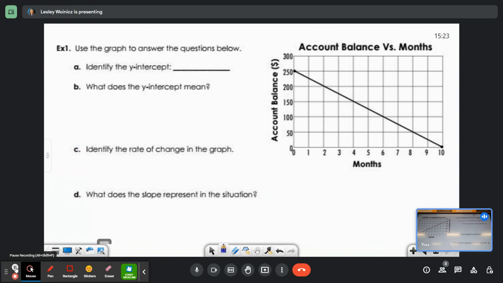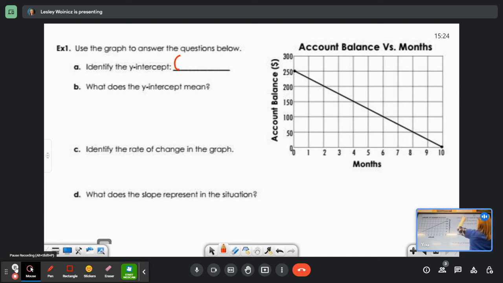So, sorry, what's happening to the account balance? It is decreasing. Decreasing, yes. Okay. So where is the Y-intercept? The Y-intercept is 250. Okay, that is the B value, and it is part of the Y-intercept.